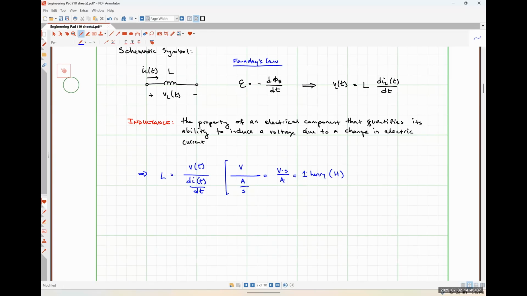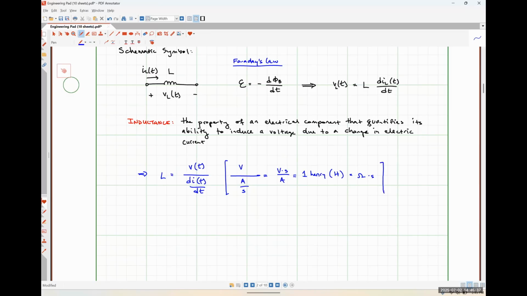So 1 Henry is defined to be a volt second per ampere. For what it's worth, we could also say that it is an ohm times a second, since a volt per amp is an ohm. Okay. So 99% of the time, anytime I see Henry, I'm just going to replace it with those fundamental units of volt seconds per ampere to make sure everything works out okay.